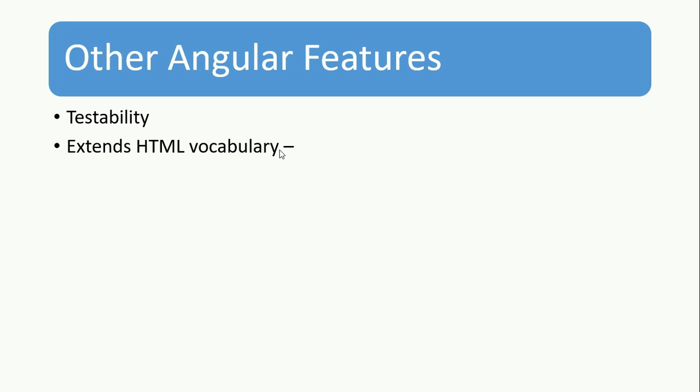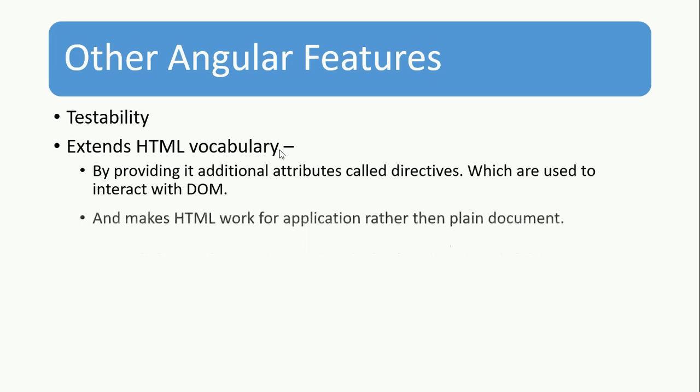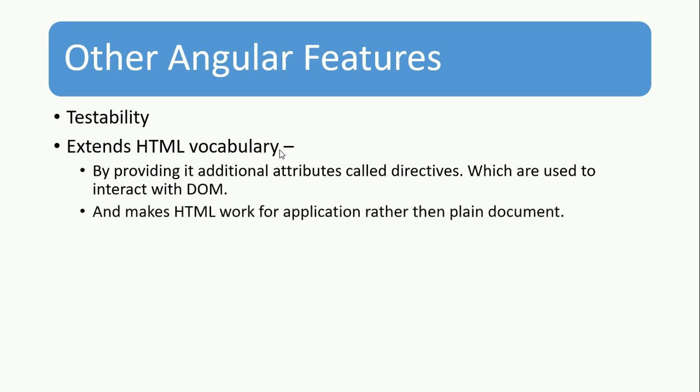In a general HTML page, we just embed additional tags which are known as directives, and hence it is said to be an extended HTML vocabulary. It helps us add the additional tags and interact with the DOM. It makes the HTML work for an application rather than a plain document, which means your HTML page behaves as if it has become an application now, rather than just a representation engine.